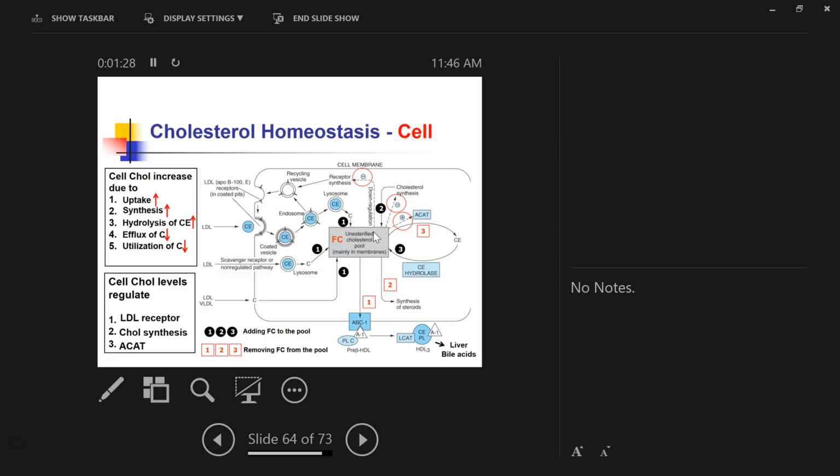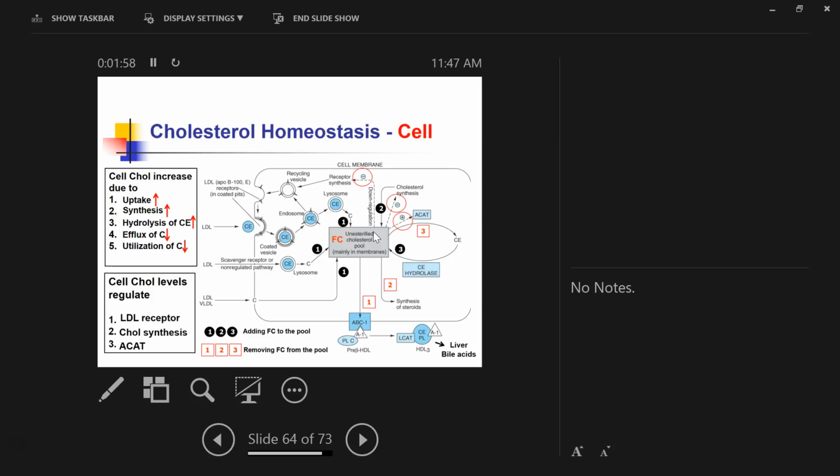So how does the content of VLDL and HDL change? Basically, the lipid content changes, right? For example, HDL gives cholesterol ester to the VLDL and LDL, and then receives triglyceride from VLDL.